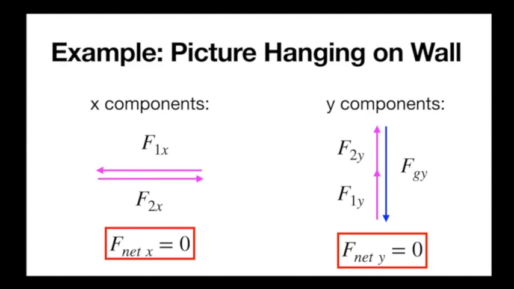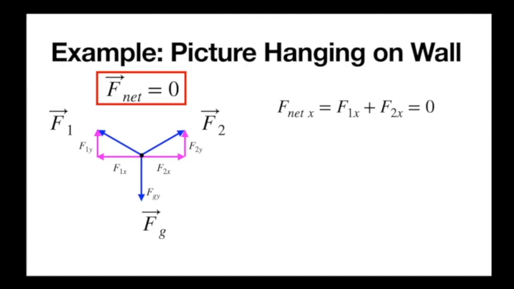In the y direction, I have two small upward forces from the strings, F1y and F2y, and then gravity is this larger force that's pointing down, but they all have to cancel because the painting is not moving up or down. So the forces have to turn into F net y equals 0.